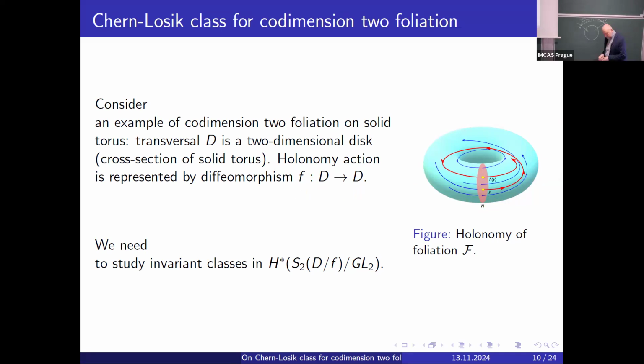So we need to consider the product of this disk by the unit segment from 0 to 1, and then identify these disks by F. So we need to identify X by F of X. And this gives a one-dimensional foliation on a solid torus. And we will study the classes of this foliation.